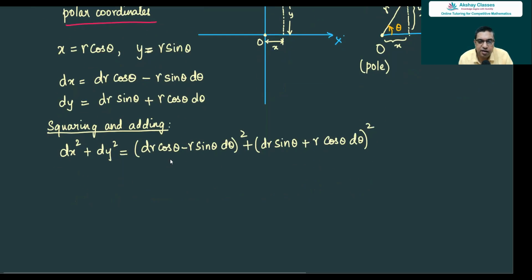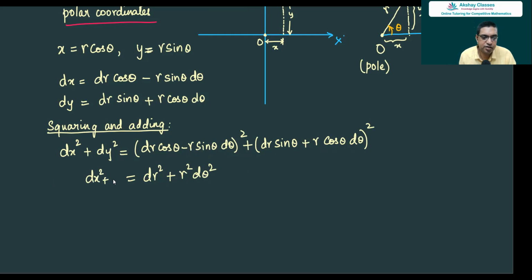So when we square and add, you will get dr square times cos square theta plus sin square theta. So you will get dr square. Then minus 2r cos theta sin theta dr d theta. Here you will get plus 2r cos theta sin theta dr d theta. They will get cancelled. And the last term, r square d theta square sin square theta, r square d theta square cos square theta. So r square d theta square times sin square theta plus cos square theta, that is 1. So you will get r square d theta square.